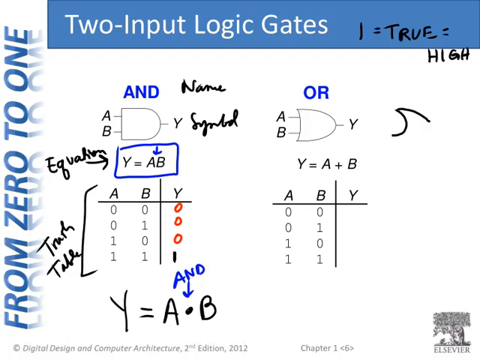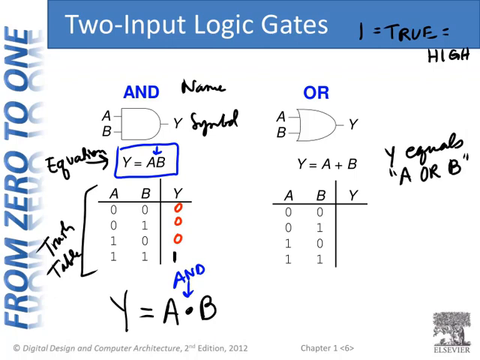So in this case, we have two inputs, A and B, and our output Y. And this equation is read Y equals A or B.